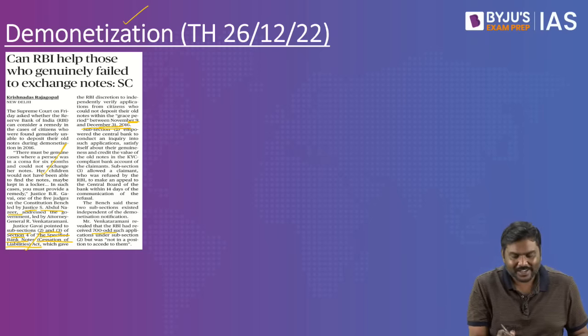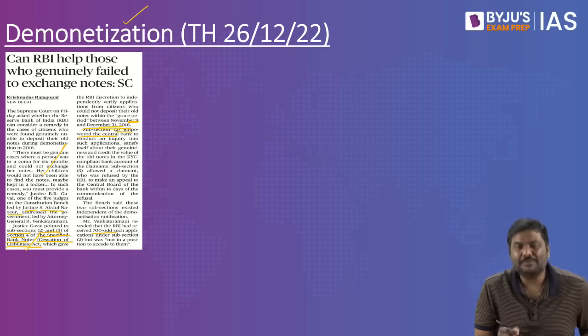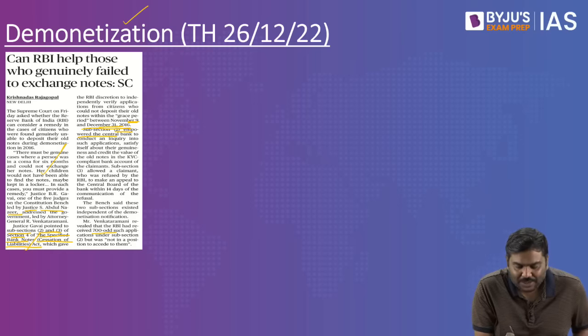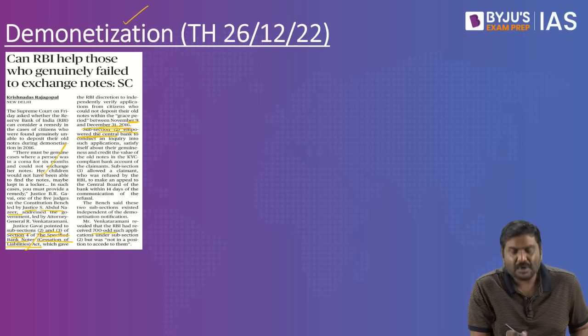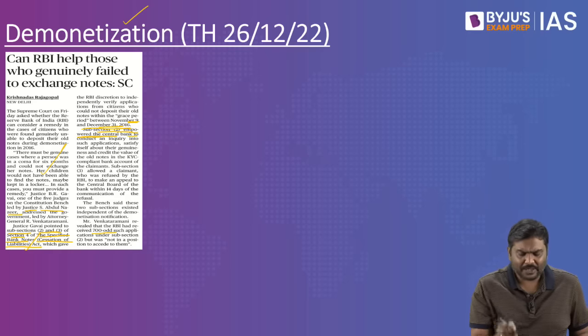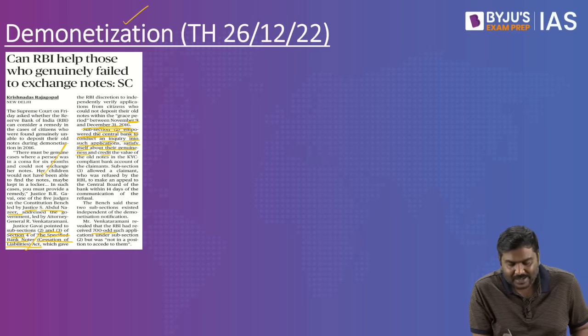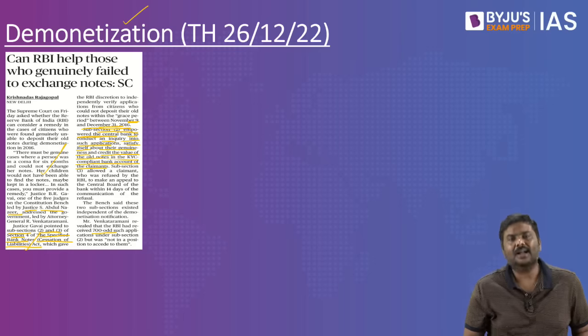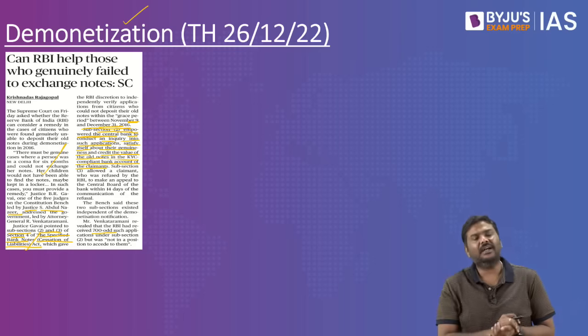And in the same article, the information has also been provided. Subsection 2 of this cessation act says that it empowers the central bank, that is the RBI, to conduct an inquiry into such applications, satisfy itself about their genuineness, and credit the value of the old notes in the KYC compliant bank accounts of the claimants. What do you mean by that?